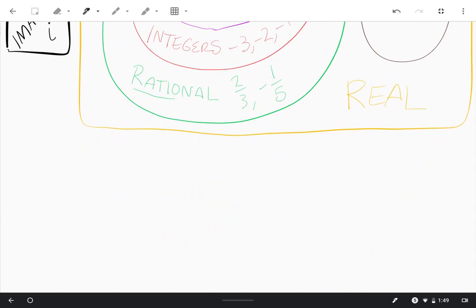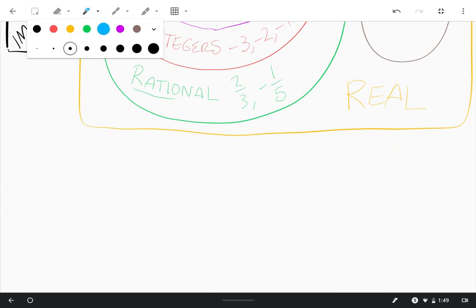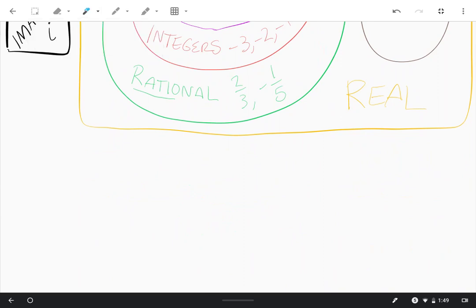In the unit, they give you a set of numbers and they ask you, where does this fall? So for instance, it might ask us, let's say we have this set of numbers: -1, 0, 3, and 8.